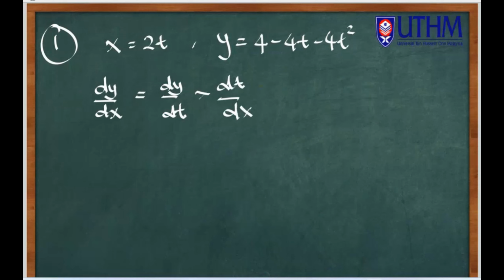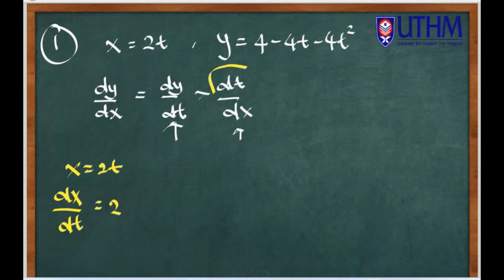That means we need to find dy/dt and also dt/dx. From x equal to 2t, therefore dx over dt is equal to 2. But here we need to find dt/dx, therefore dt/dx is equal to 1 over 2.